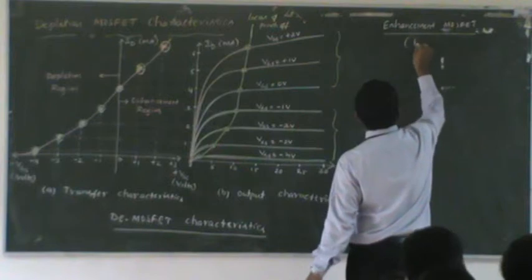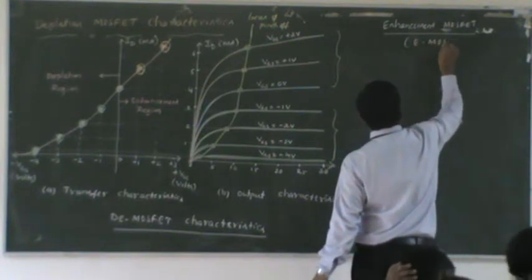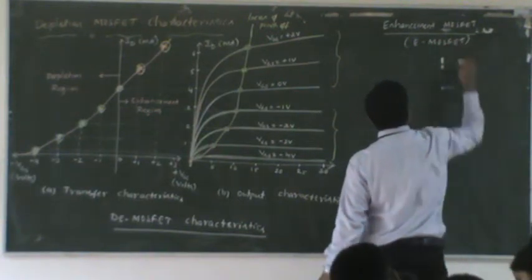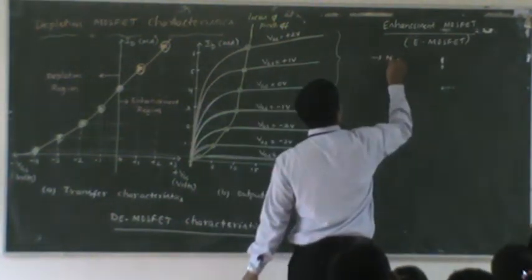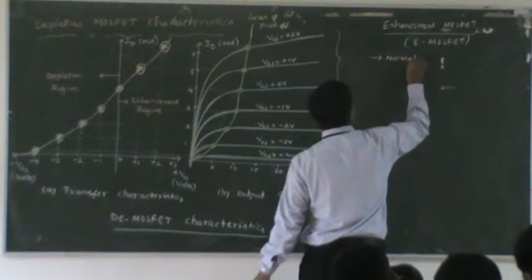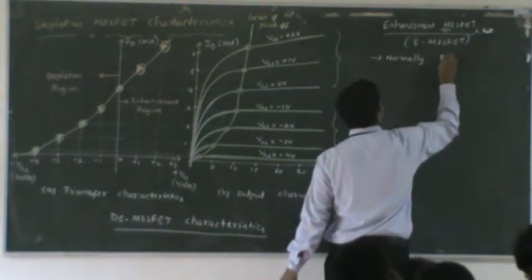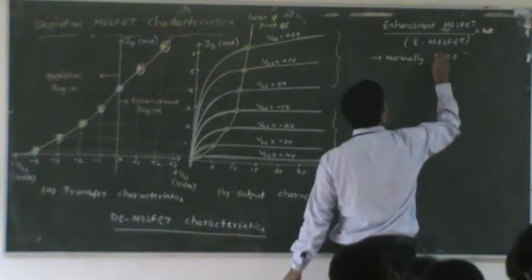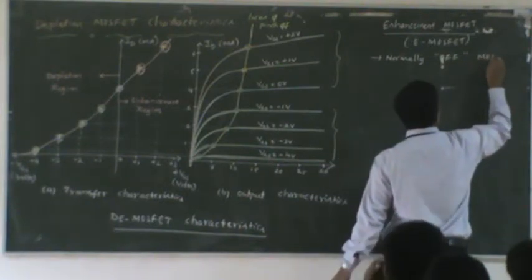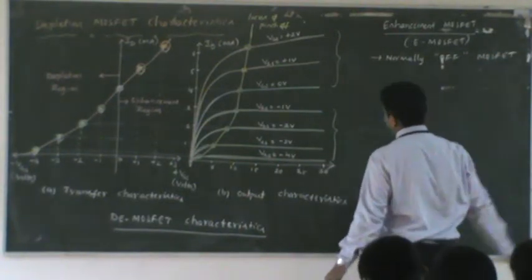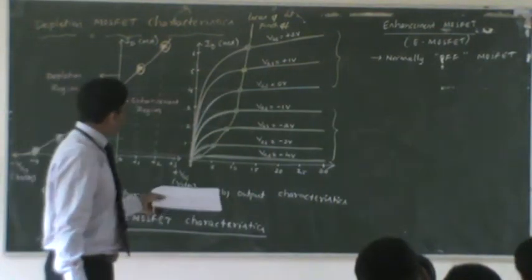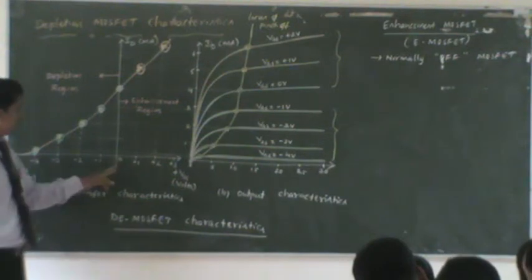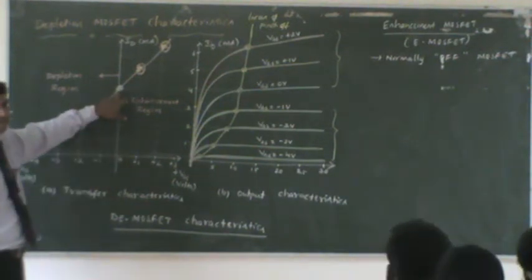Let's call this one E-MOSFET. Normally these MOSFETs are off. Normally off MOSFET. Why is it off? Because in the case of depletion, for zero gate voltage there is a current flow.